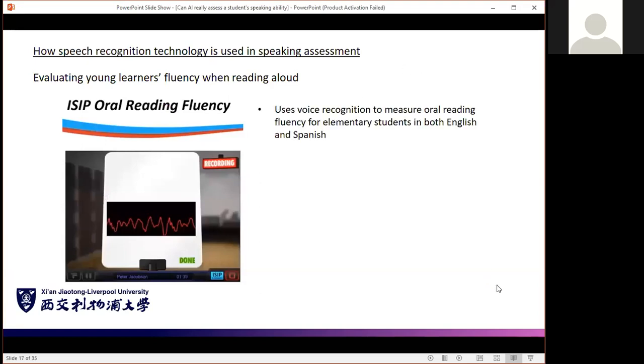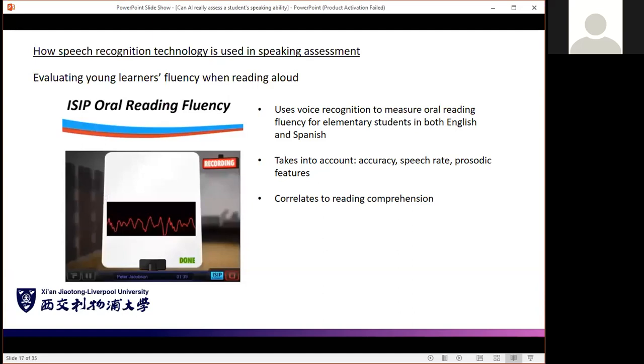So it uses voice recognition to measure oral reading fluency. That's kind of speed reading rate for elementary students, and that's done both in English and Spanish. It takes into account accuracy of pronunciation, the speech rate, and other prosodic features, intonation, for example.